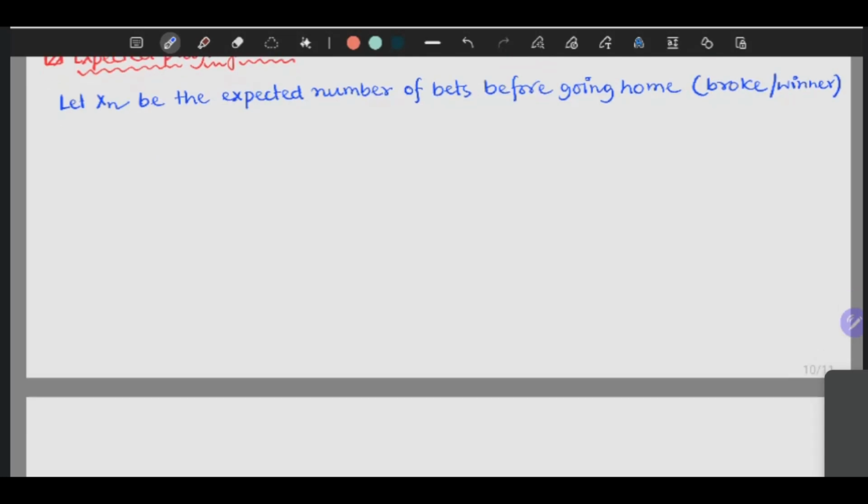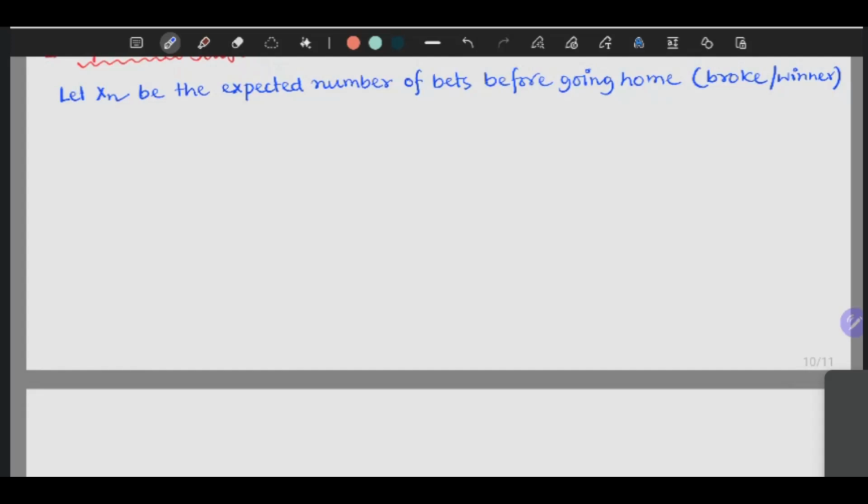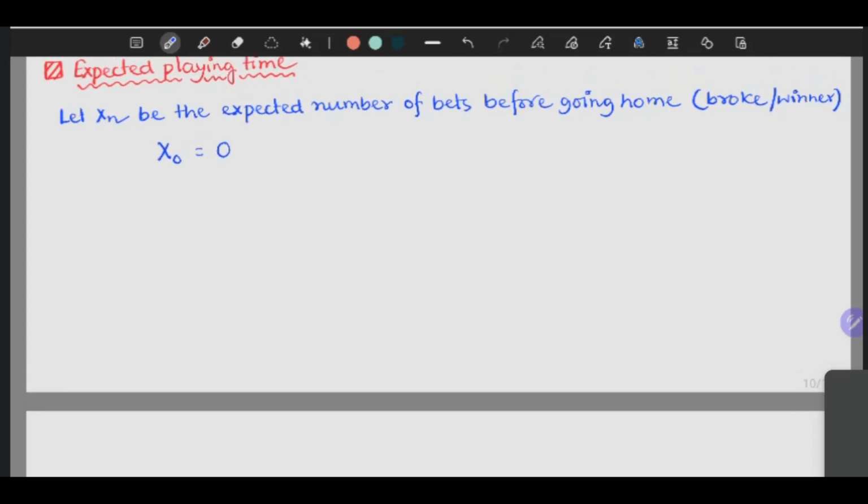Okay, so now you got this, setting up the same recurrence for xn, you can get. So let's say if it is 0, that means if you are broke, then your expectancy is 0, you have lost all the money, and xw will also be 0.